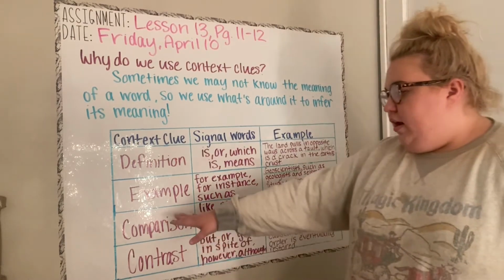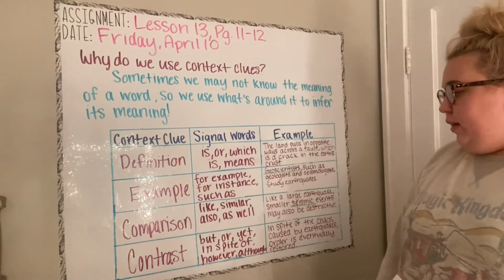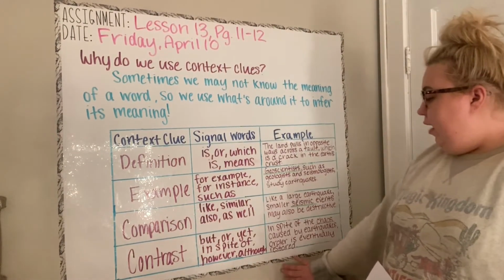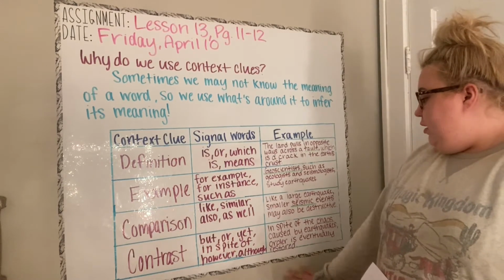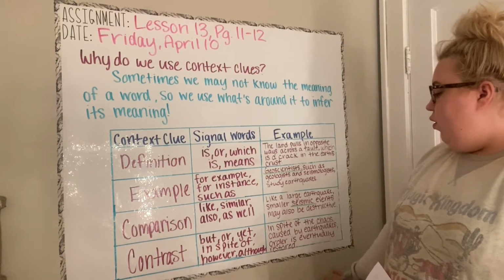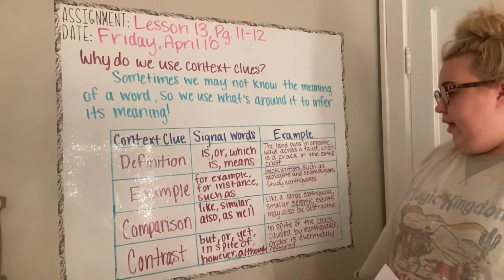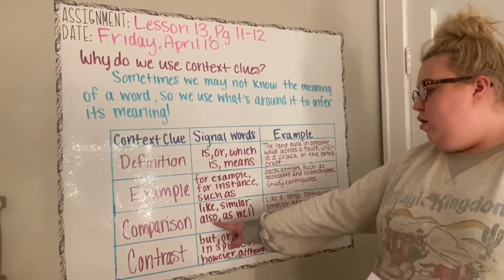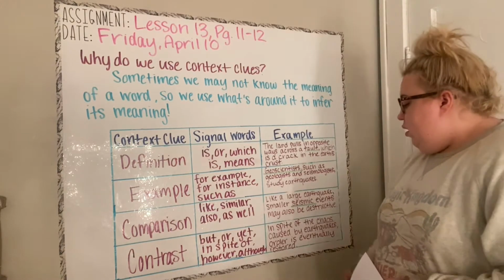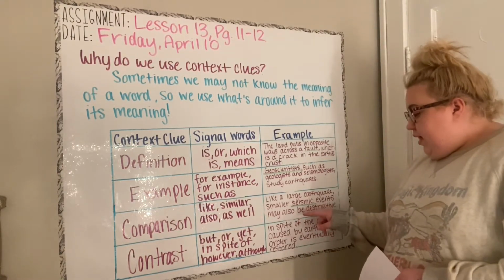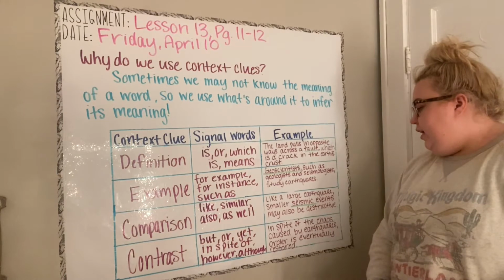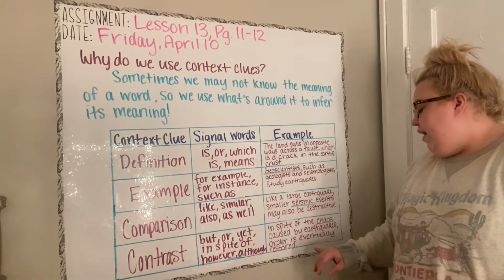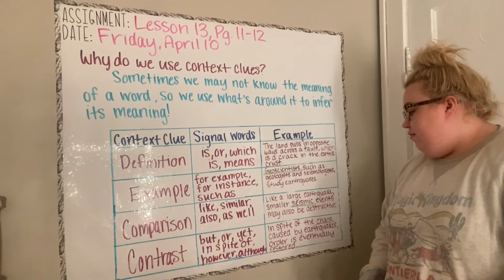The next type of context clue is comparison. That's going to compare the word to something else to help us understand what it means. For comparison, the signal words are like, similar, also, and as well. Here the word we're looking at is seismic. It says, like a large earthquake, smaller seismic events may also be destructive.